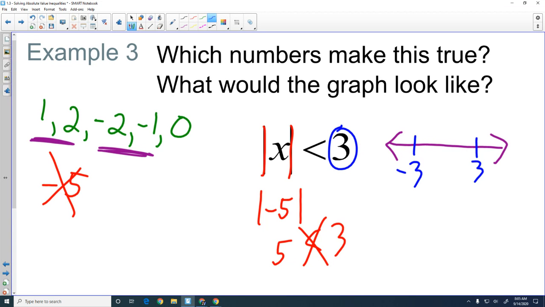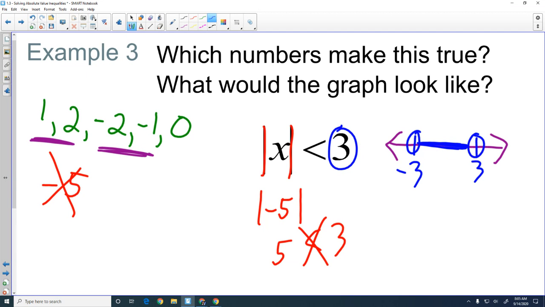Now, where do I shade? Am I going to do those opposite arrows or the bridge connecting the two? It's the bridge, right? All the numbers in between these. And so I'm going to circle the -3, circle the +3, and then we connect this bridge.